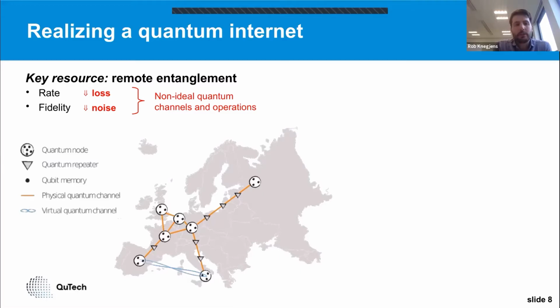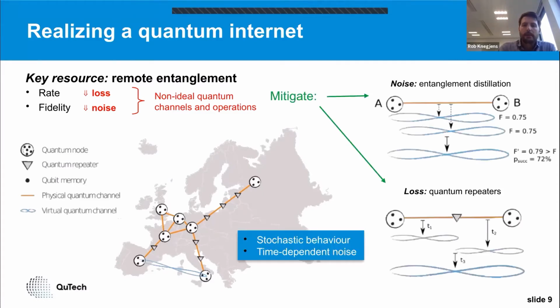So these physical channels are generally very lossy for the photons they're using to send quantum information, and the processes taking place in the devices are very noisy. Fortunately, there are methods to mitigate these effects. So the noise experienced when generating entanglement can be solved in different ways.